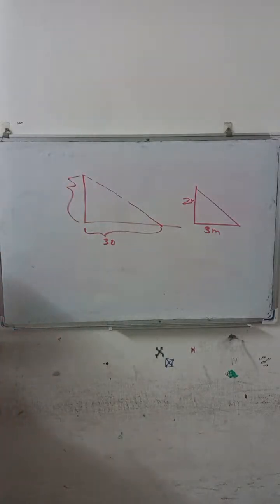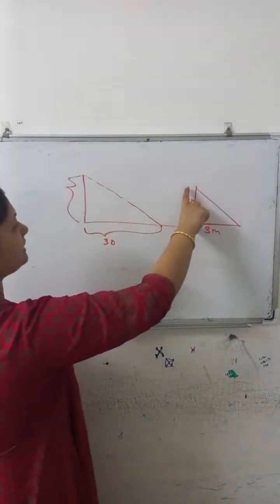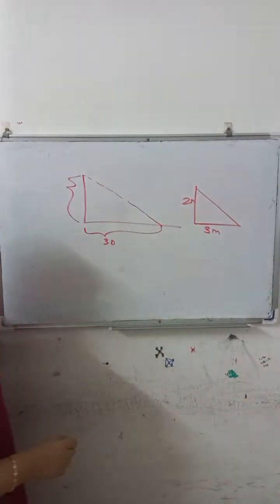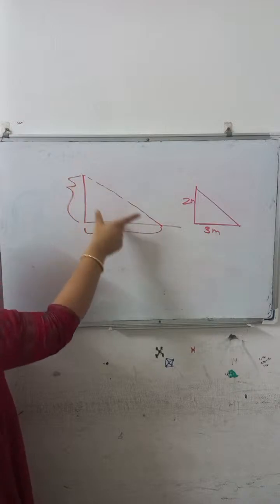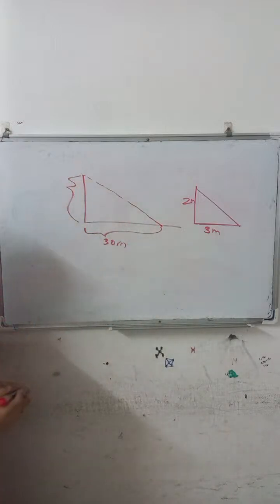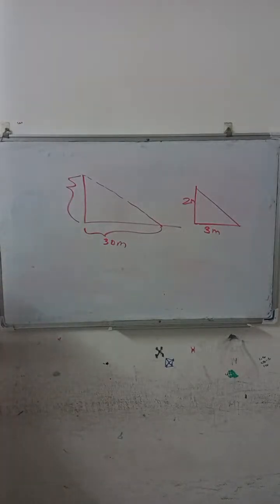Can you relate this? Here one object is there which is 2-meter and it casts a shadow of 3-meter. And here we have a tower, it casts a shadow of 30-meter. And we have to calculate the height of the tower. So how can you calculate here?